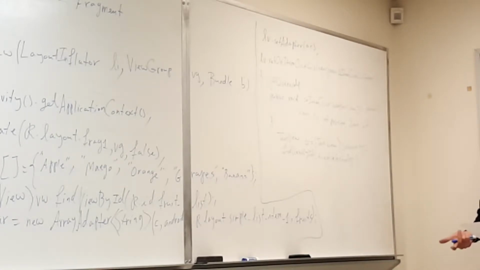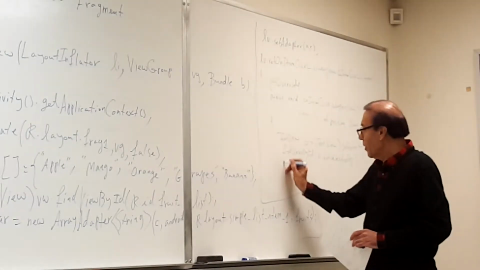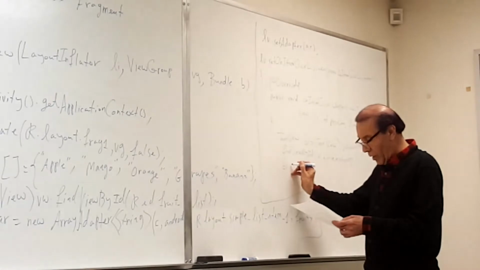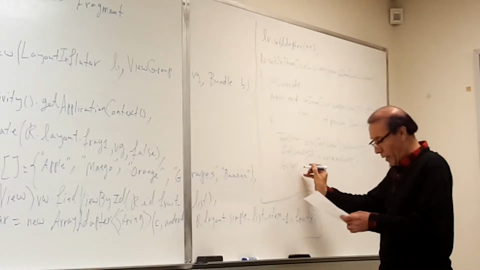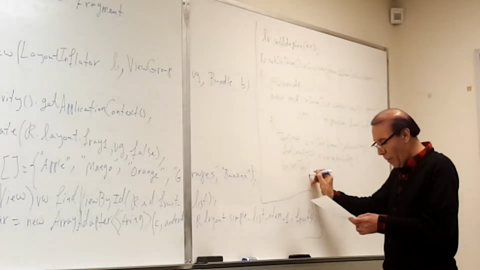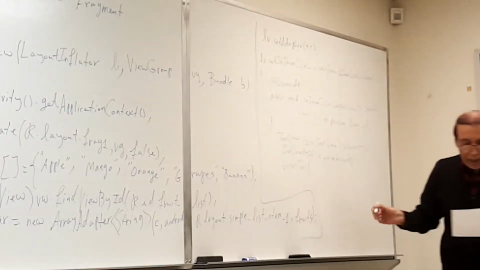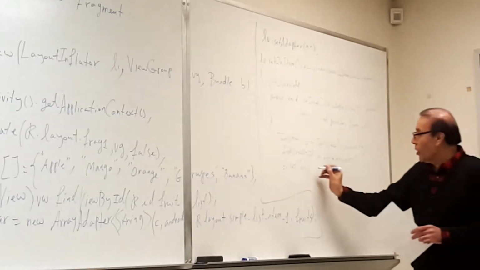Okay. This is done. Now we have to use tv.setText. Parenthesis. I'm going to say you've selected such and such.